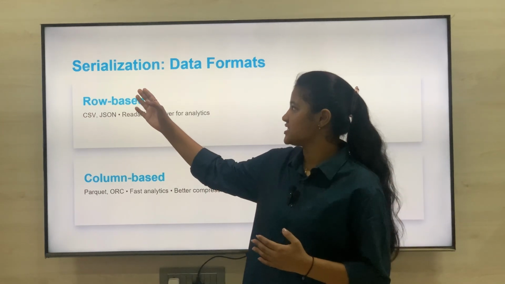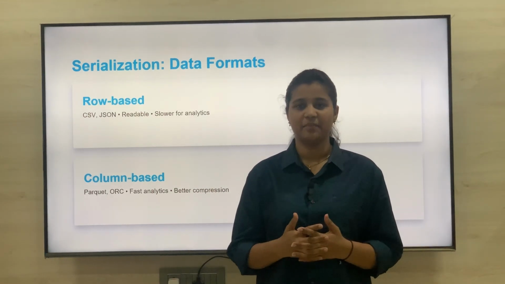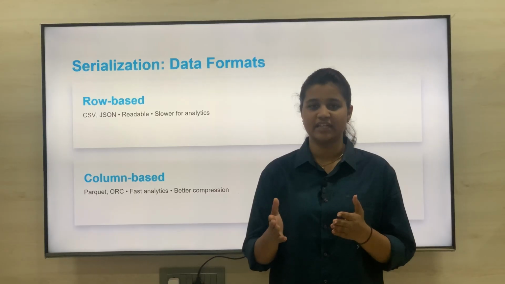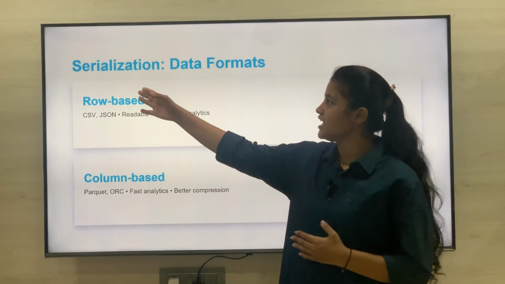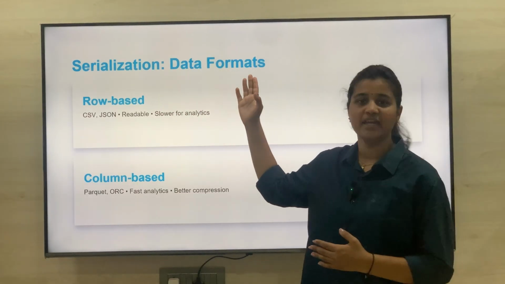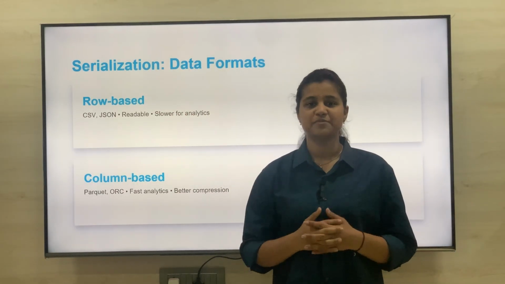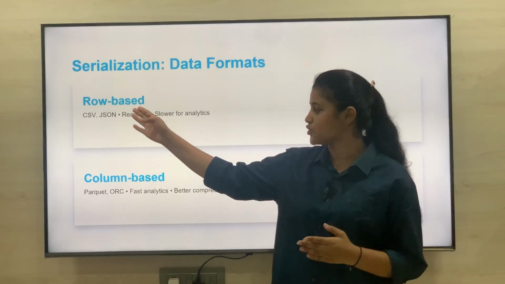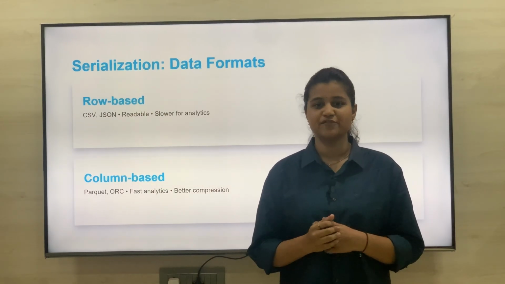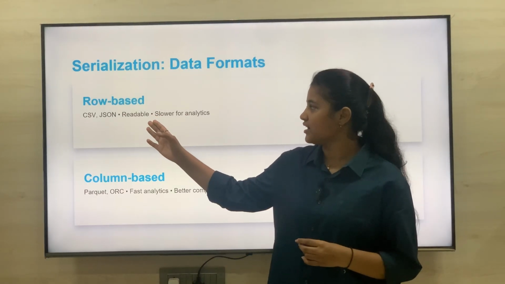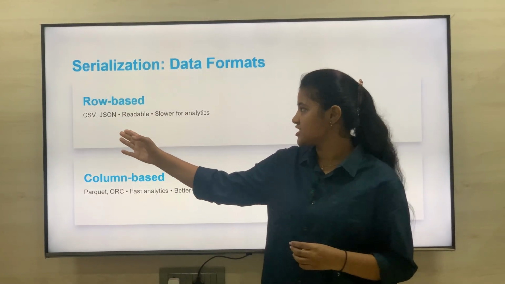Let's look into some major concepts in storage. First one is serialization. Serialization is nothing but converting one form of data into another data format which is usable for storage. So serialization can be said as transforming into data formats. There are two types of data formats. First one is row based and second one is column based. Let us look at some examples for row based. Row based data consists of CSV and JSON files.